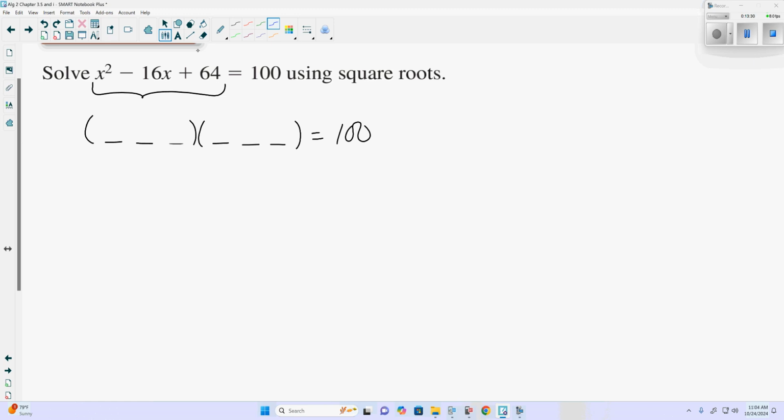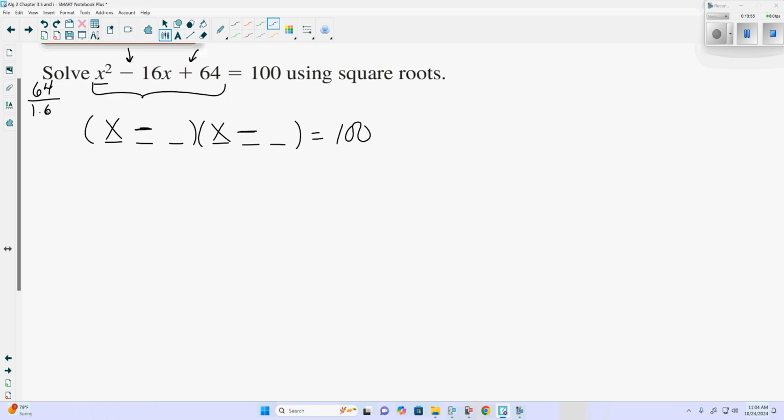Now, when we factor this here, there is no greatest common factor. So we have our two sets of parentheses with 3 spaces. Here, the third term is positive, so the signs are the same and match the sign of the middle term. So we have negative and negative. Only factors of x squared are x and x.